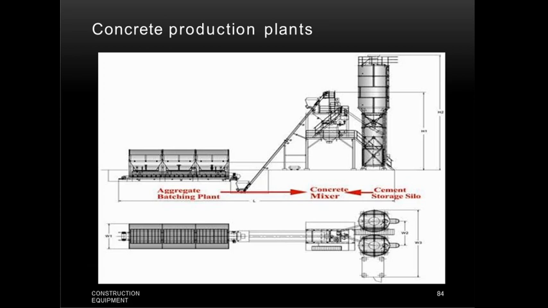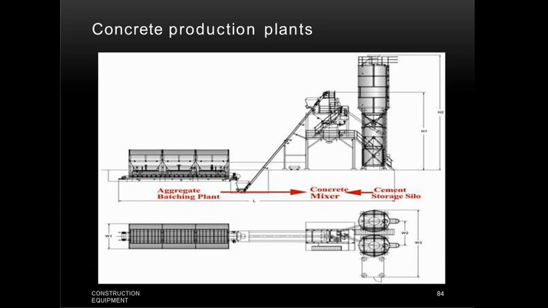A typical layout for storing and handling of batching: you can see the aggregate batching plant, then the concrete mixer and cement storage silo. The mixture which consists of all the aggregate and cement comes from the aggregate batching plant and from the cement storage silos.